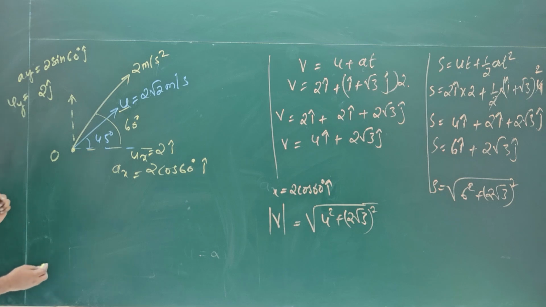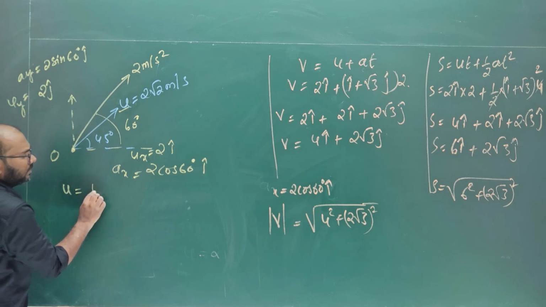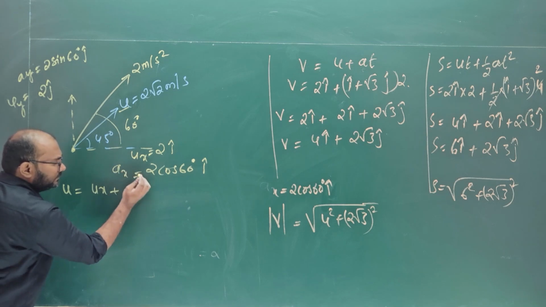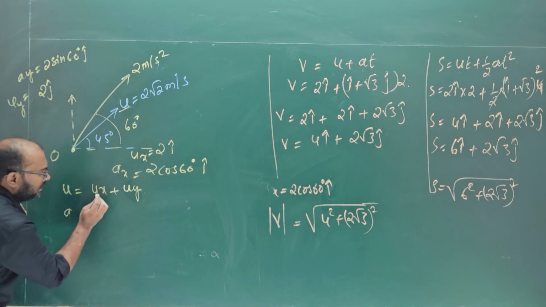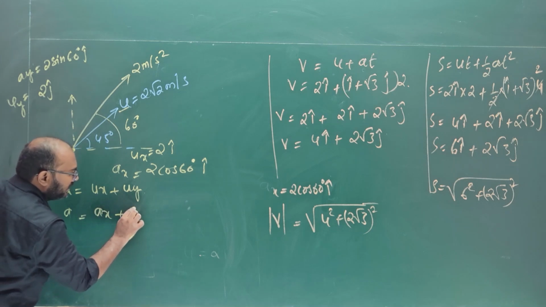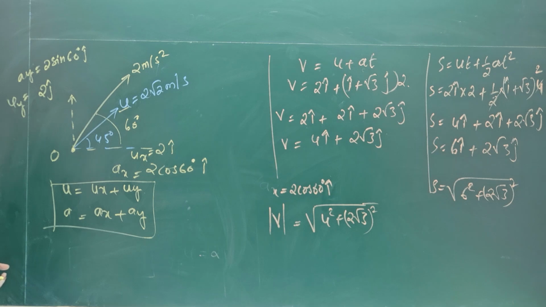Okay, then again u is nothing but ux plus uy, and a is equal to ax plus ay. All we need to do is substitute in this form.